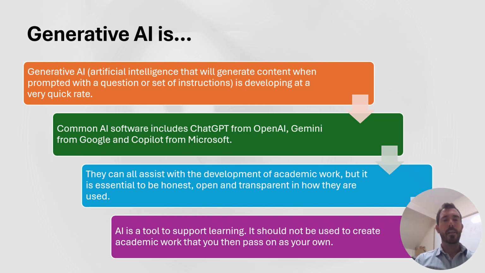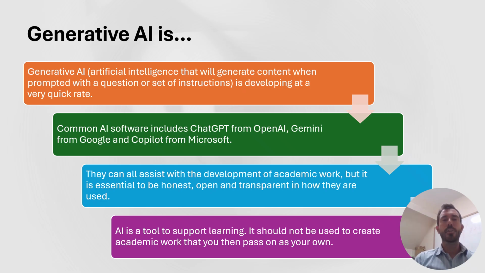And all of these packages can assist with the development of academic work, but it is essential that any usage in an academic context is clear, honest, and transparent. You must cite what you are doing, you must keep a record of what you have asked, and you must never pass off work generated from any of these platforms as your own.